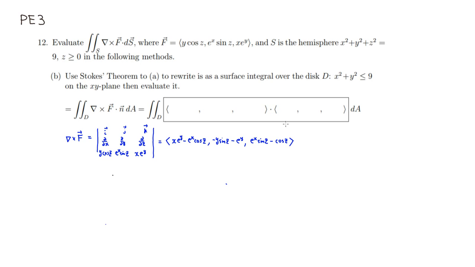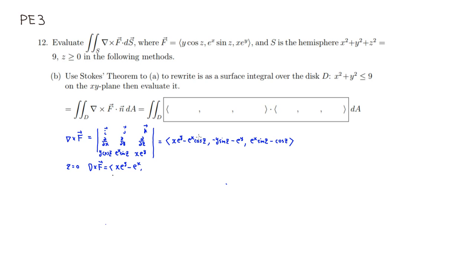The good thing about this is that since this disk is on the xy plane, the z value is always equal to 0. If you plug in z equals 0, this curl is going to be a lot simpler. So you have x e to the y minus, since cosine of 0 is 1, e to the x.